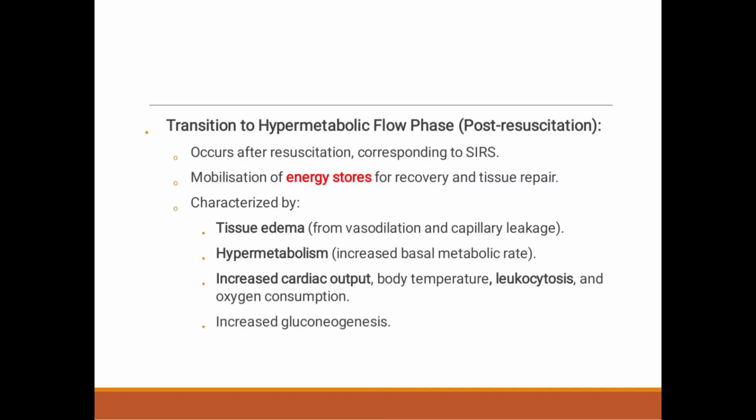Who does the endothelial damage? The inflammatory cytokines. From where did the inflammatory cytokines come? From the activation of the pattern recognition receptors from DAMPs. From where did the DAMPs come? The DAMPs, damage-associated molecular proteins, came from tissue damage. There's also increased metabolic rate, increased cardiac output, leukocytosis, which you have already seen, and gluconeogenesis. It occurs due to increased glucose breakdown.